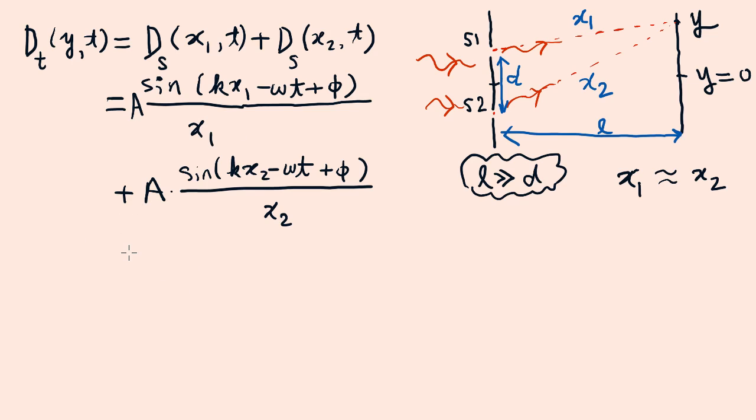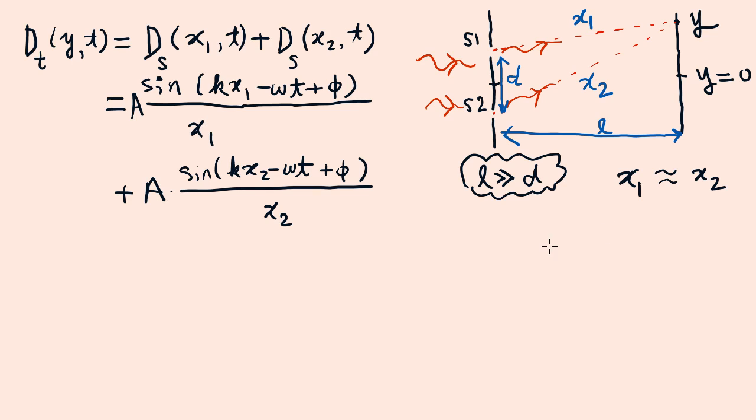Why? Even though x1 and x2 are very similar, say on the order of 1 meter, their difference could be maybe a micron or 10 microns. What's 10 microns relative to 1 meter? That's a fraction of 10 to the negative 6th. So that's very small.